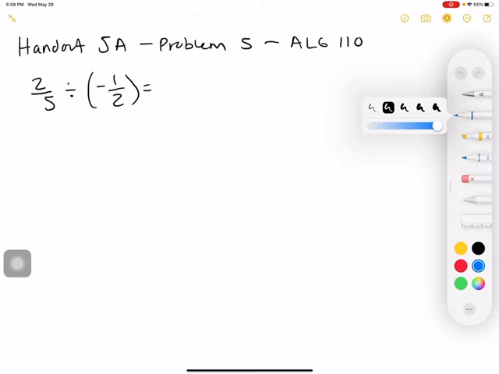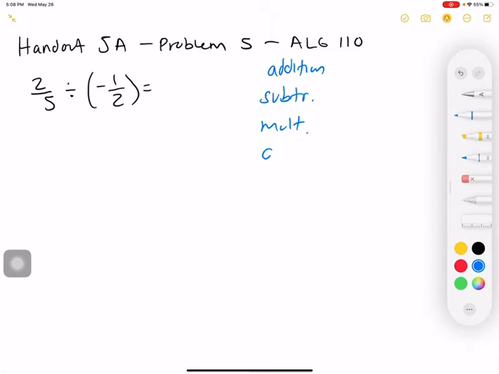You have four main operations in math: addition, subtraction, multiplication, and division. Addition and subtraction are complementary operations, as well as multiplication and division. Addition, we just know what addition is, right? You take two numbers and add their absolute values.